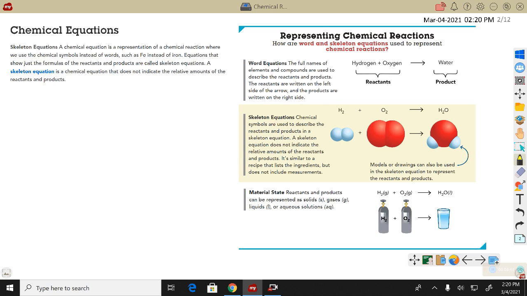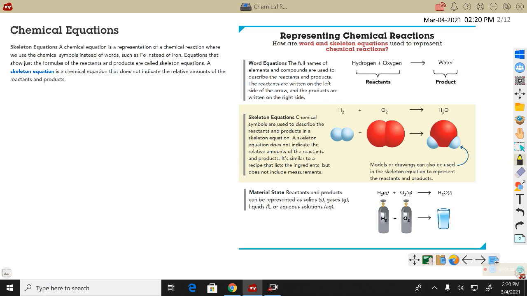So maybe it's something like hydrogen reacts with oxygen to form water. And so the hydrogen plus oxygen are my reactants. I might write it as words. To form water, well then water would be my product. And the arrow sends me from the reactants to the products.